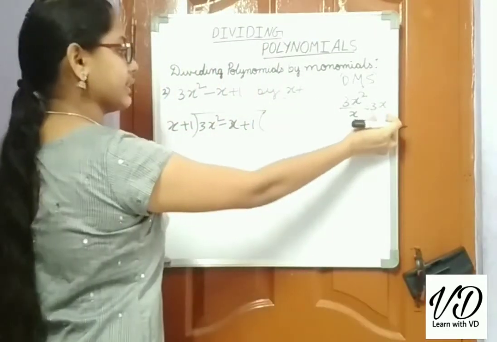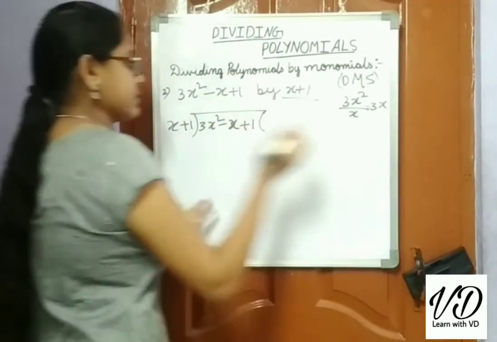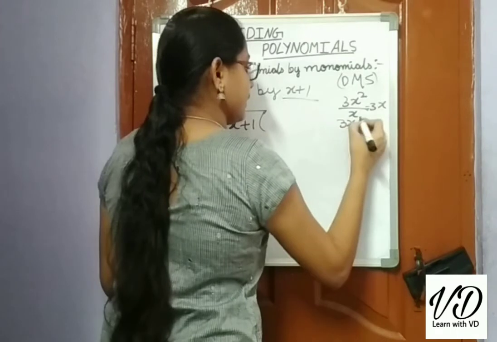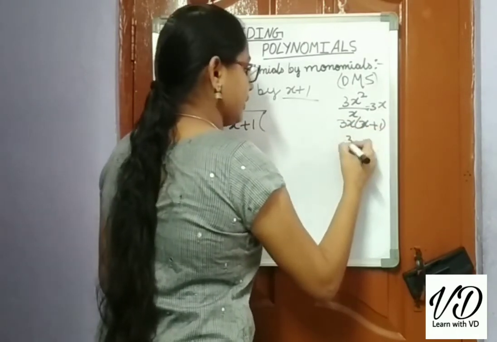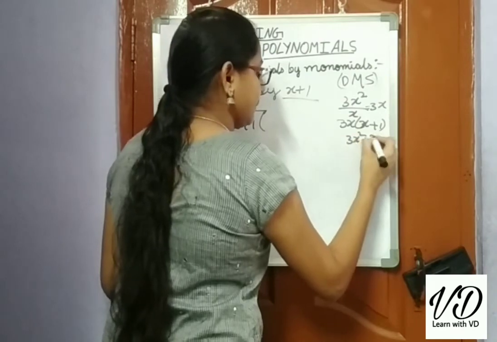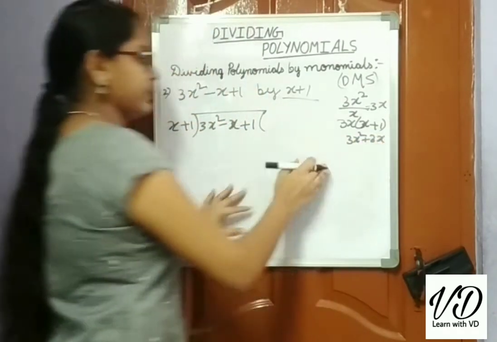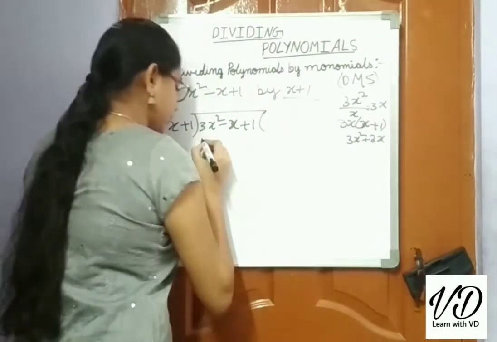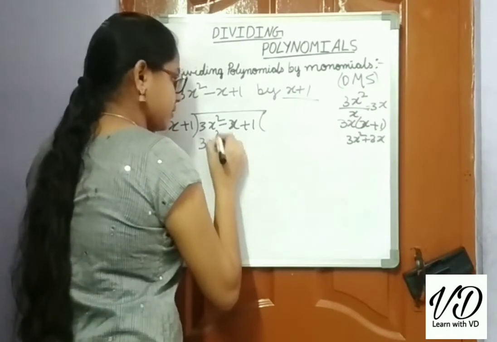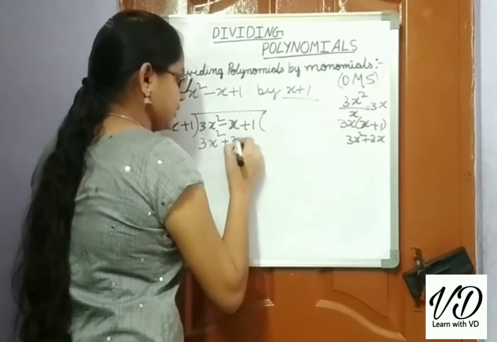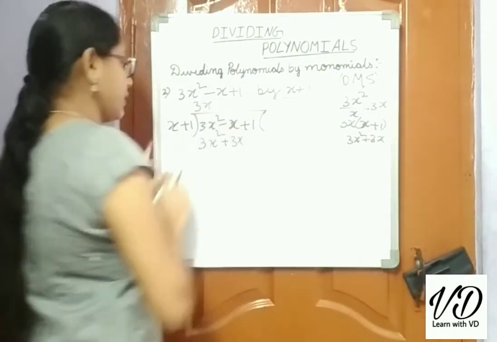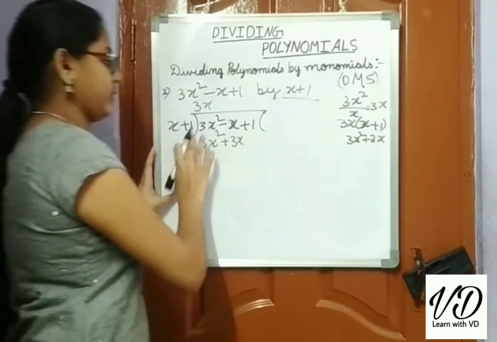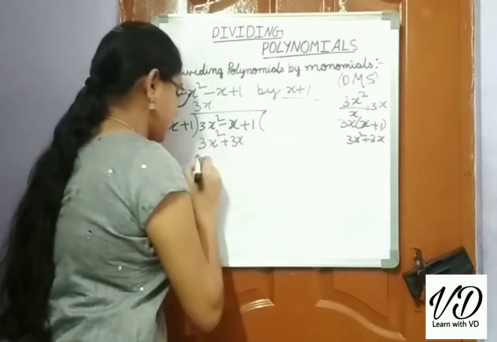Now multiplying this quotient with the divisor, 3x into x plus 1, we get 3x square plus 3x. So this will be our answer here.